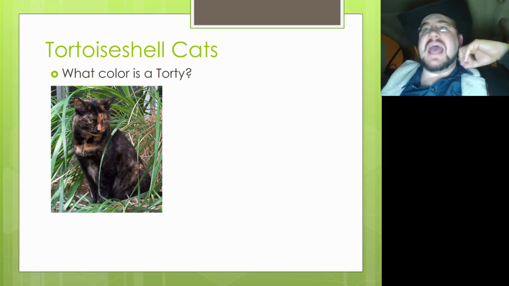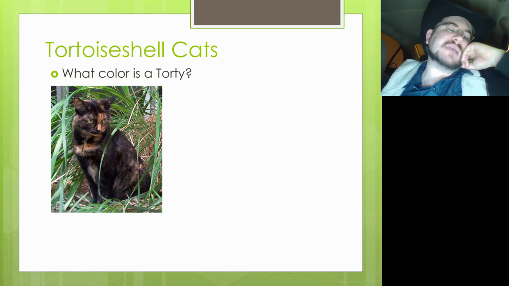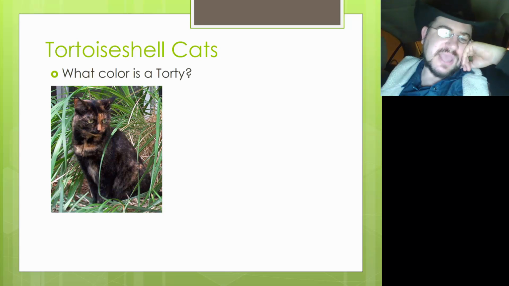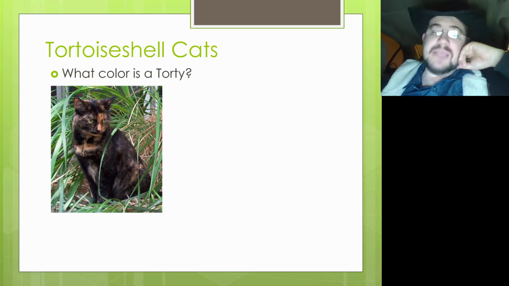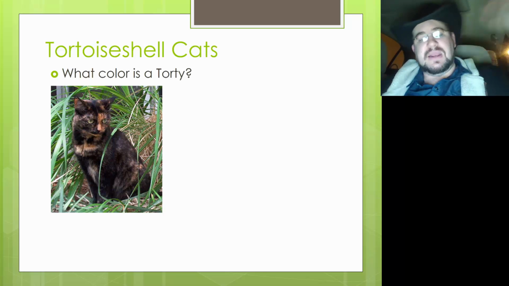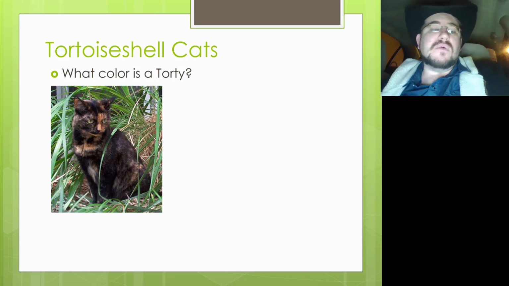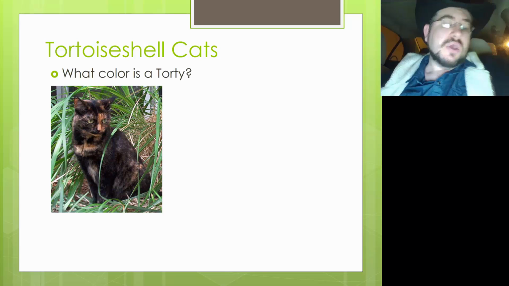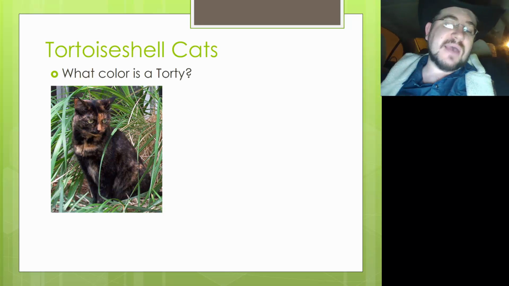If you want to know what a calico is, it's a tortie that has white. So if you have a tortoiseshell cat that has white fur, in fact, that's a calico. The same rules applied to its black and brown patterns. Now, here's something fascinating. You might actually know this already if you're into cats. What sex is a tortie? Always female.